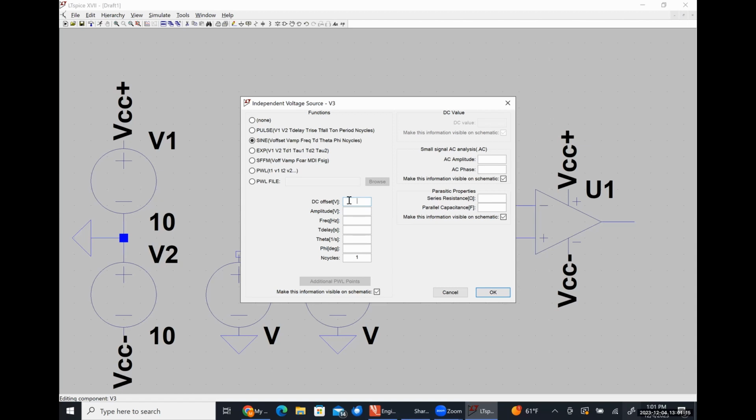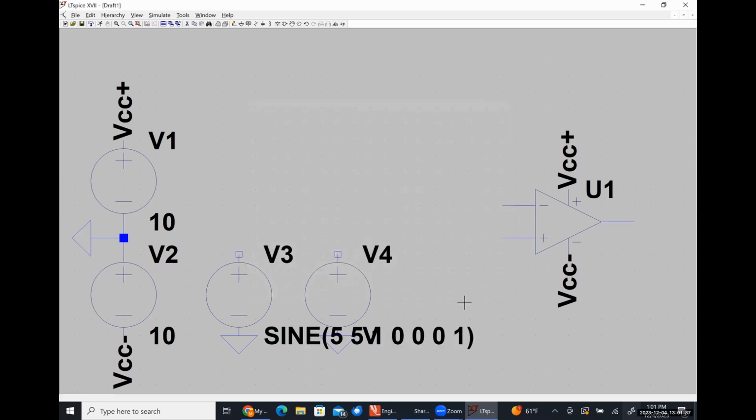So to accomplish that, I'm going to give it a 5-volt DC offset. And then I'm going to give it an amplitude of 5 volts. So this should make it range from 0 all the way up to 10. For the frequency, I'm just arbitrarily going to make it 1 hertz. And none of this other stuff matters. So that's my input voltage.